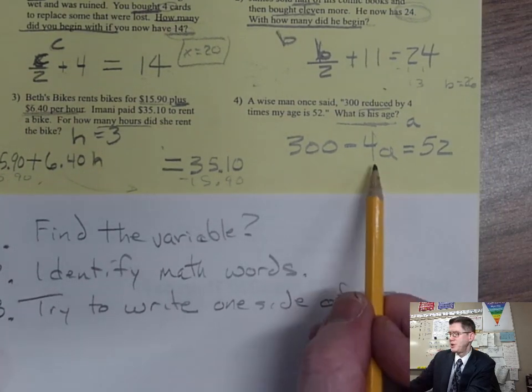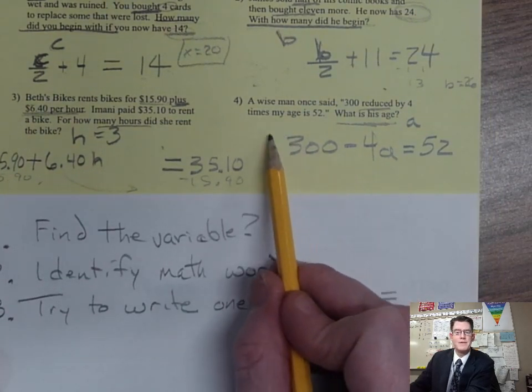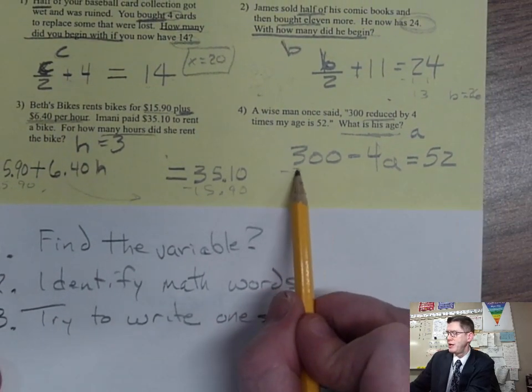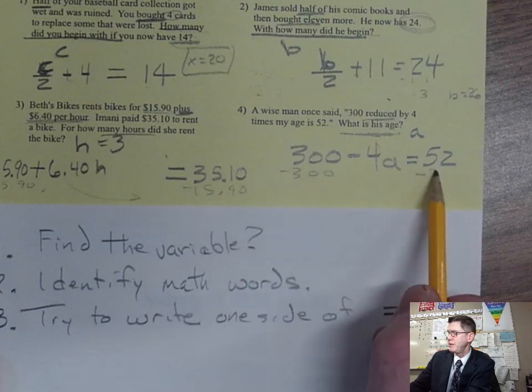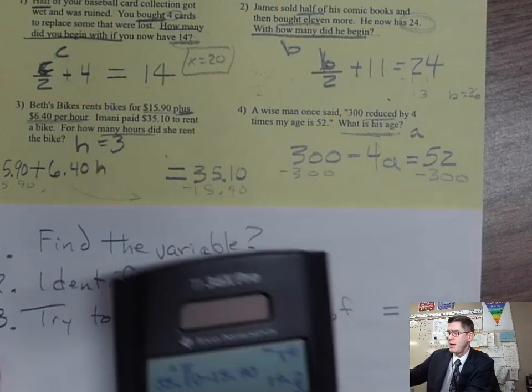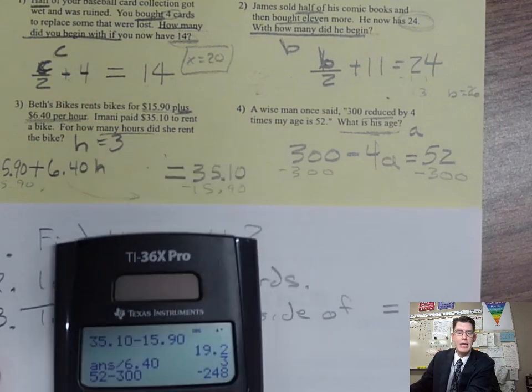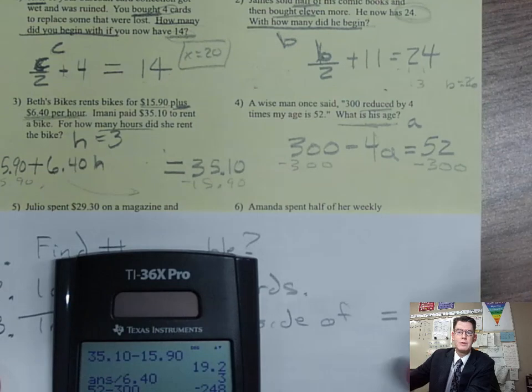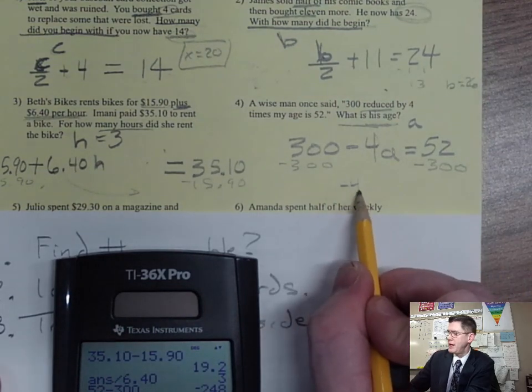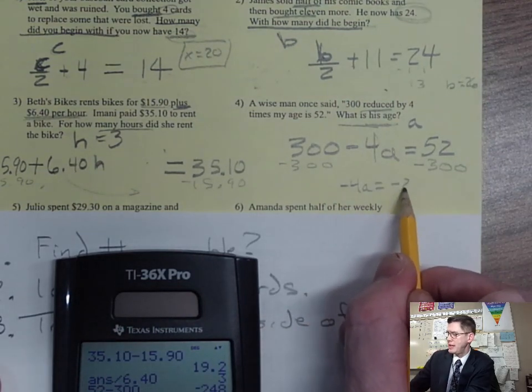So to find the person's age, to get this A out by itself, first of all, get rid of this positive 300. So you minus 300. And 52 minus 300 is negative 248. So we have negative 4A is negative 248.